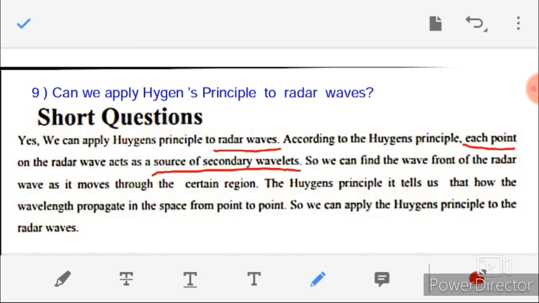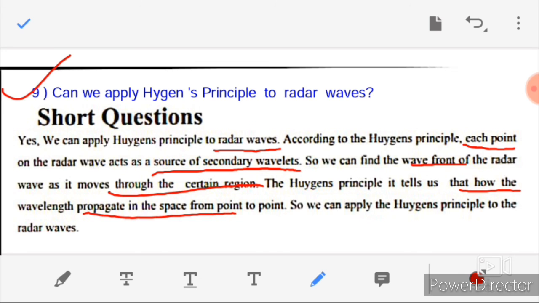So we can find the wavefront of the radar wave as it moves through a certain region. The Huygens principle tells us how waves propagate in space from point to point. So we can apply the Huygens principle to radar waves. So this is question number 9.